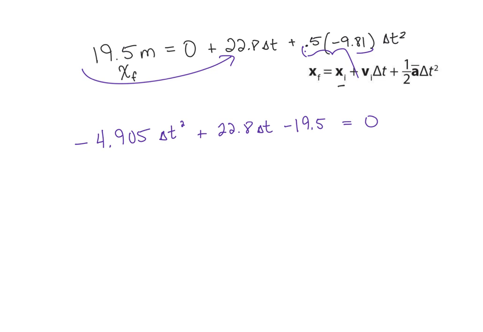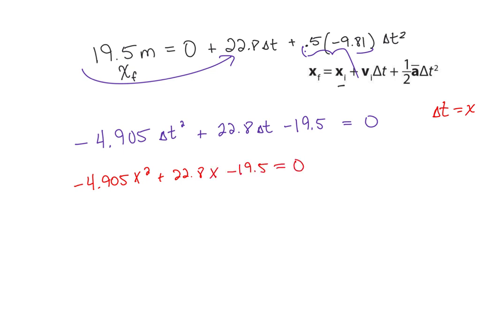Now, if I were to rewrite this, and instead of time, for change in time, we're going to write that as x, just because my brain needs to see it that way. Then I have negative 4.905 x squared plus 22.8x minus 19.5.